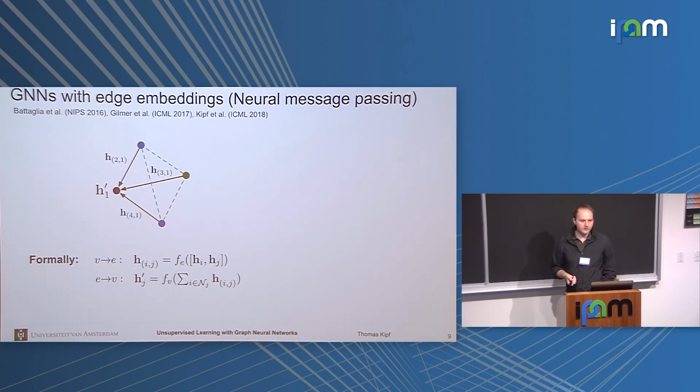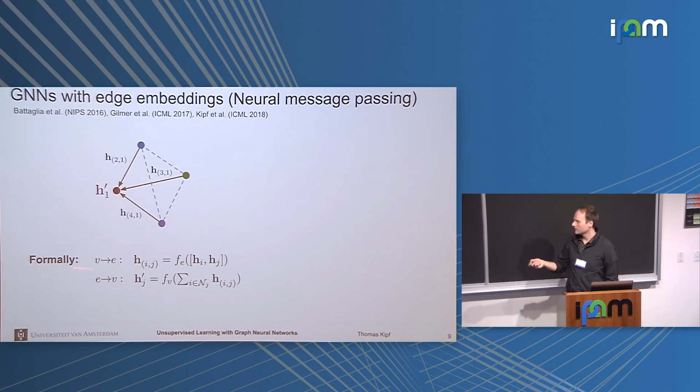This is often now known as neural message passing because of this paper here in 2017. But an earlier version had already been published in NIPS 2016. Essentially the main idea here is that you take pairwise interactions into account. So instead of transforming each neighbor individually and then summing them up, you take a pair of neighbors, you calculate a representation for this pair, and FE here would just be an MLP, a small neural network.